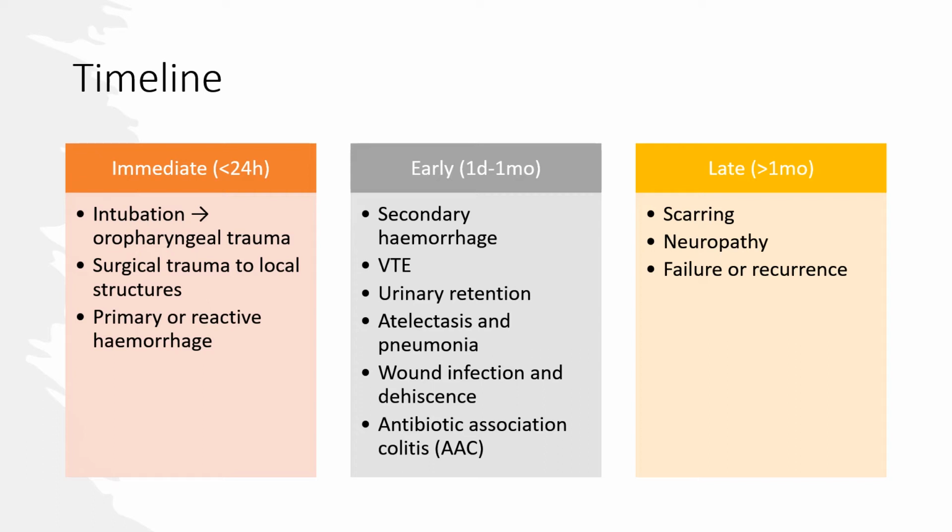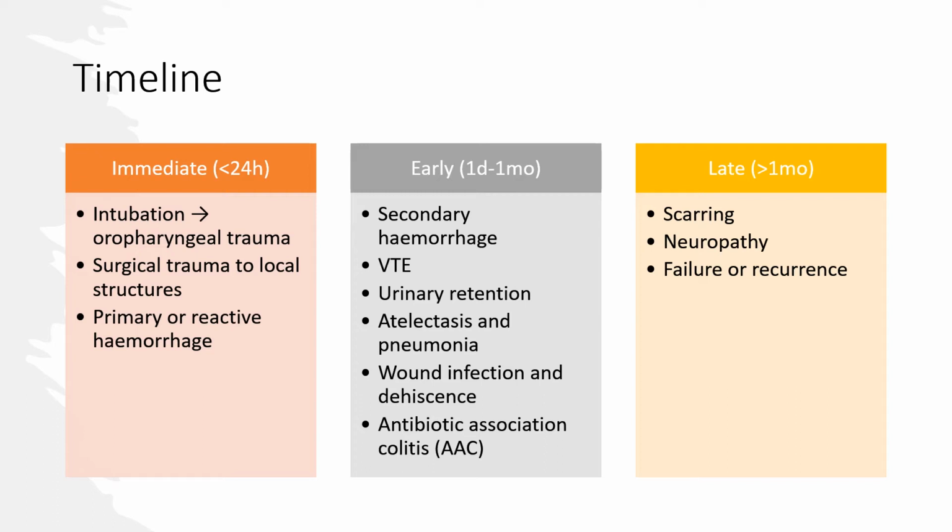So initially, in the operation, what you want to think of is damage or trauma to the structures, whether the structures you dealt with in the operation, or structures around what you worked with. If you're messing around with the trachea or with the lungs, you might cause some organ trauma. If you're messing around with the abdomen, you might nick an artery.